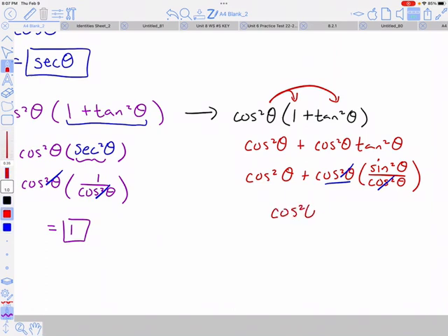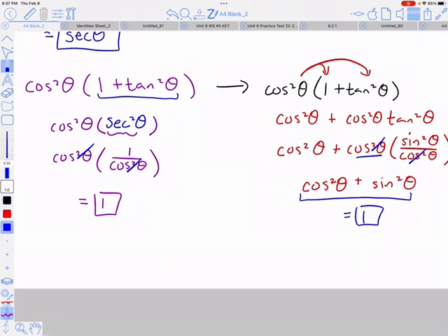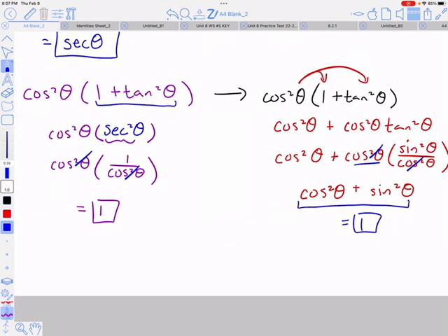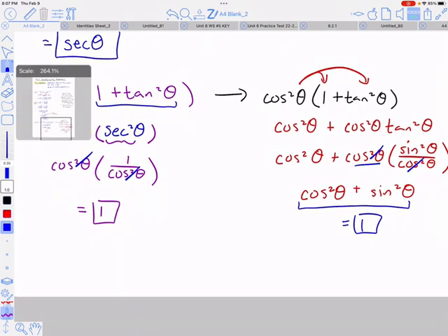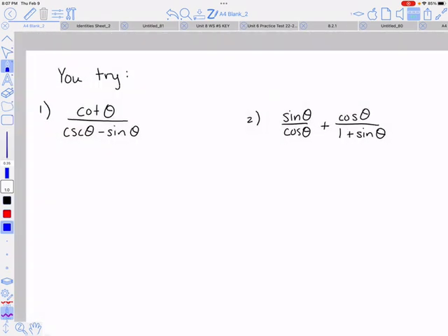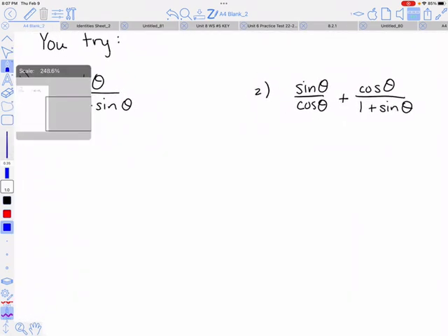And now I can refer back to my Pythagorean identity, and that is equal to exactly 1. So either way, see there's two different ways you could have worked this out. There's probably others as well. Okay, why don't you take a minute, pause, try these, and when you get stuck, you can unpause and see what I'm doing, and here's some tips, things I'm thinking about.